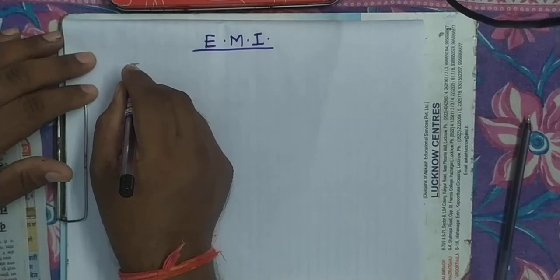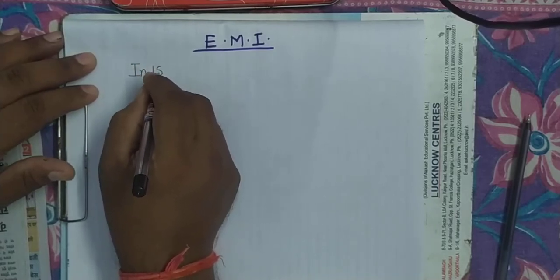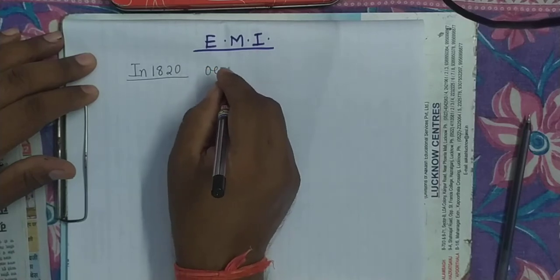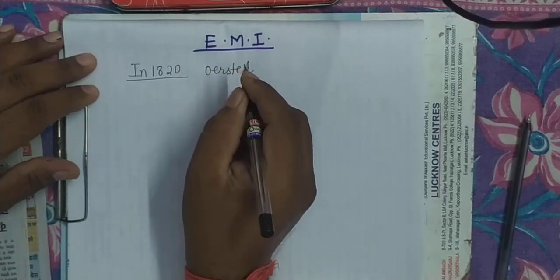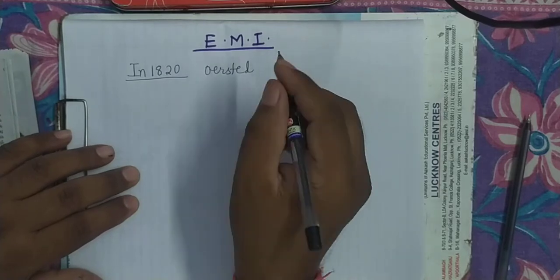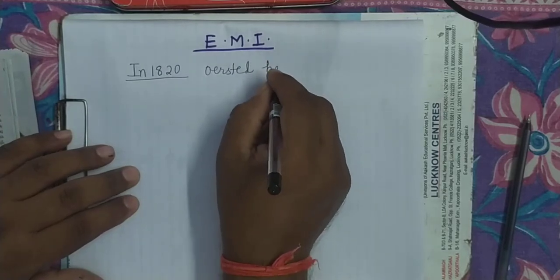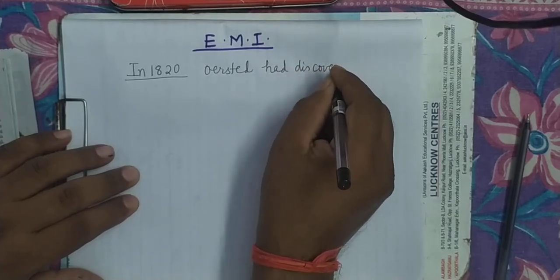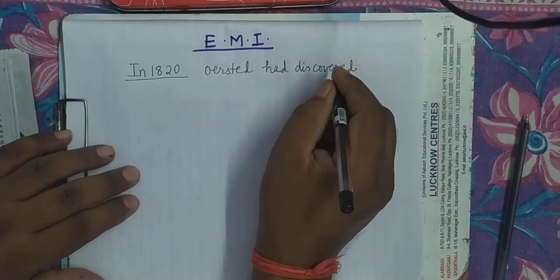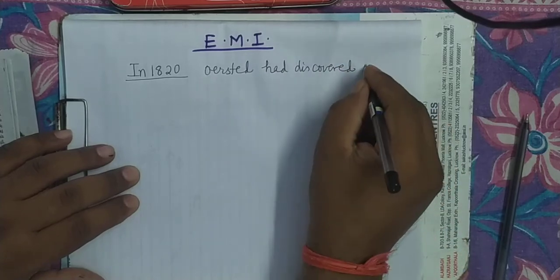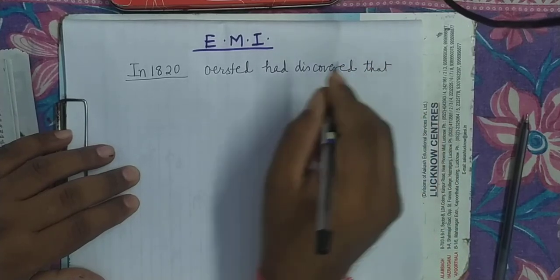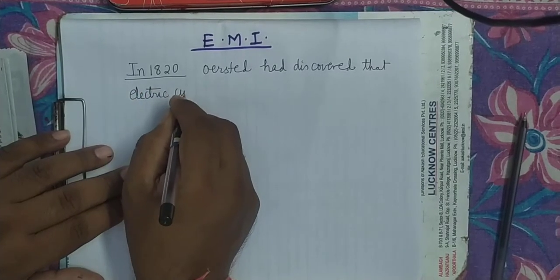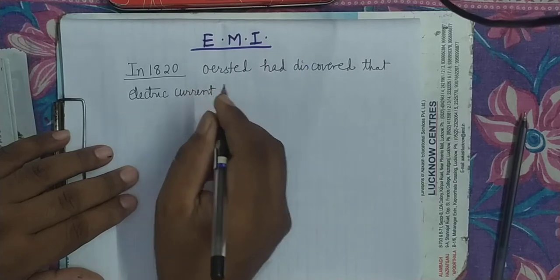In 1820, there was one German scientist, Oersted, who discovered, as you have already studied in the magnetic effect of electric current, that electric current can produce a magnetic field.